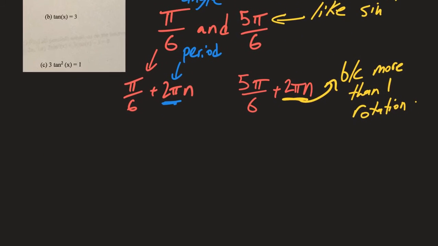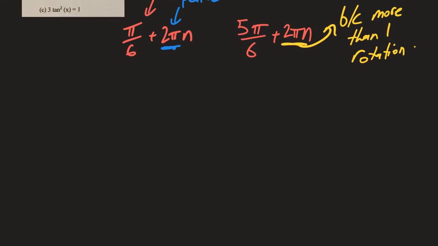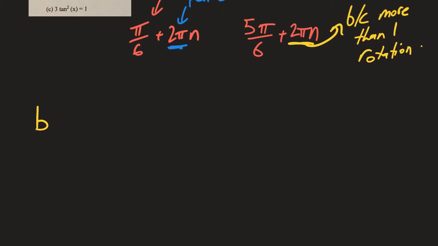Okay, let's take a look at problem B. Problem B reads tangent of x equals 3. Now, if we were to look at the unit circle and calculate our tangent values out, we'd pretty quickly find out that I really don't have a tangent value that's equal to 3 on the unit circle.